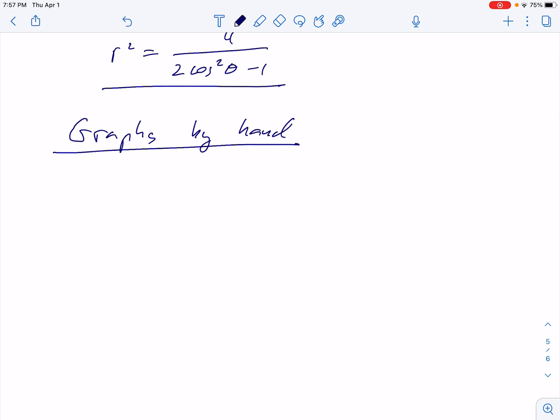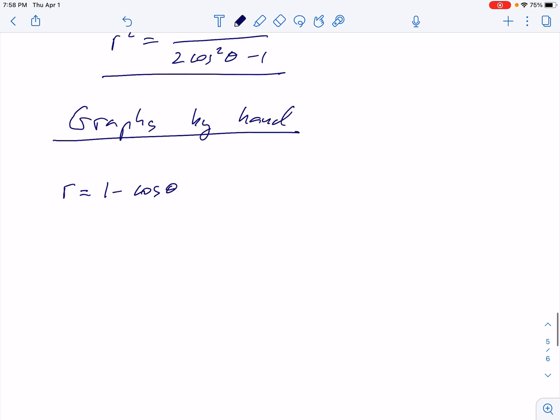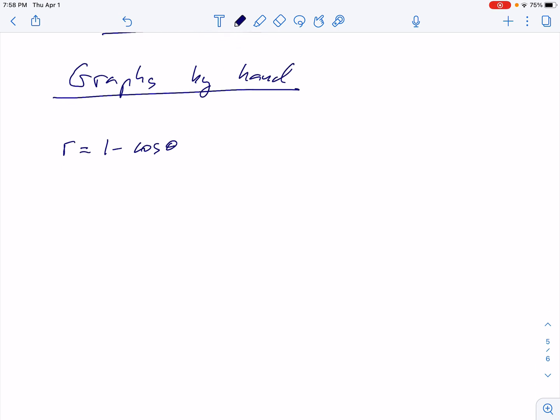We shall take the curve r equals 1 minus cosine theta and plot it by hand, no calculator, without converting to Cartesian coordinates. So how do we work in such a case?